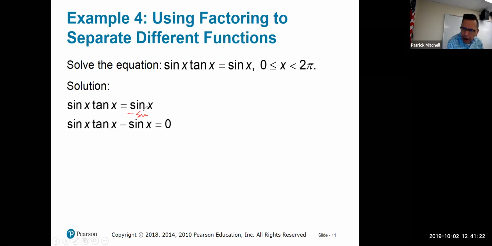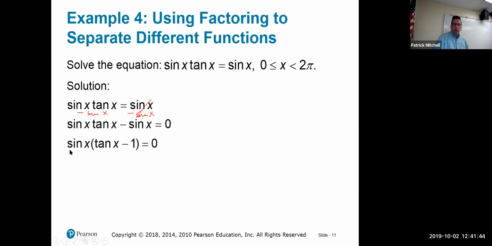So I am subtracting sine x from both sides of the equation, and that's giving me sine x tangent x minus sine x equals 0. Now I am going to factor out sine x, which gives me this. So when you factor out sine x, the other factor is tangent x minus 1.